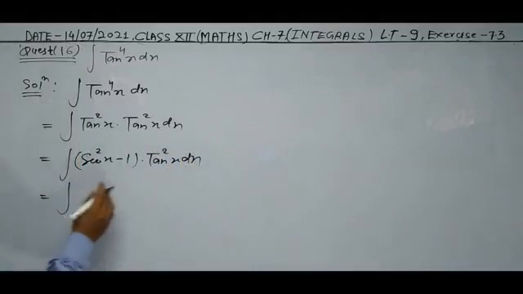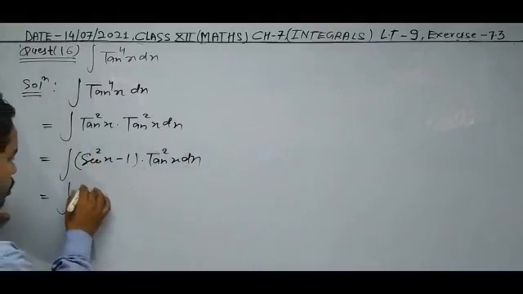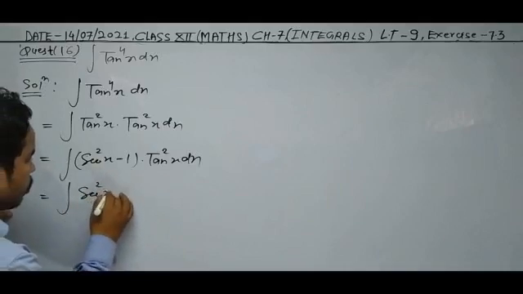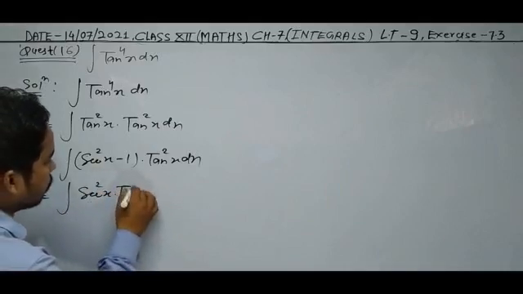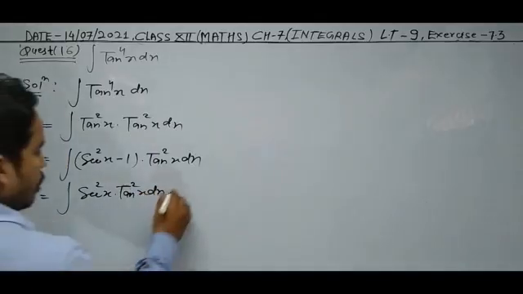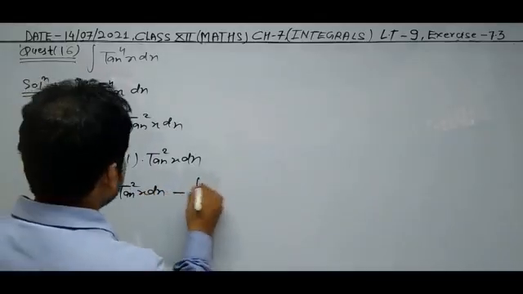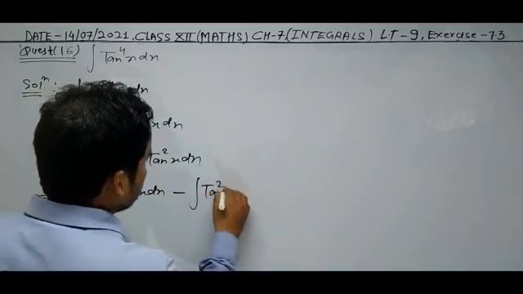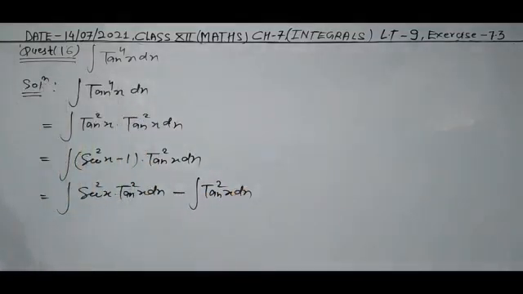So now again you have to multiply, so sec square x into tan square x dx minus integration over tan square x dx.